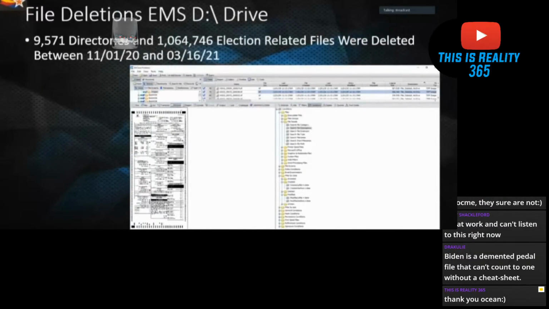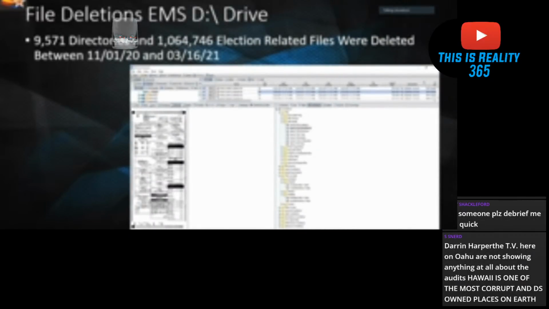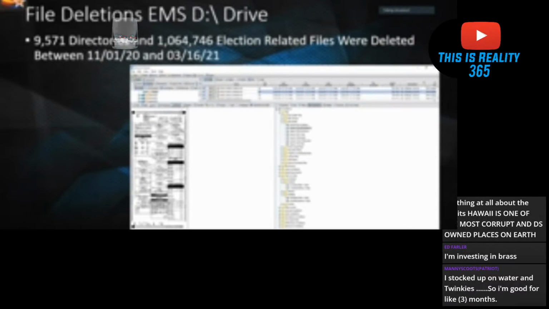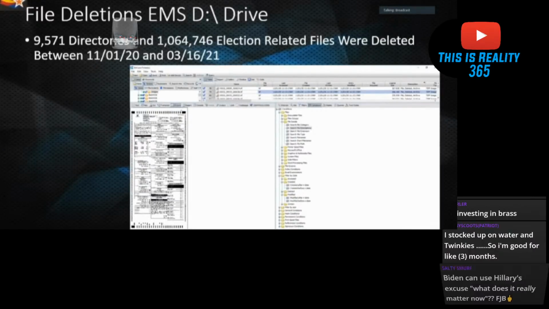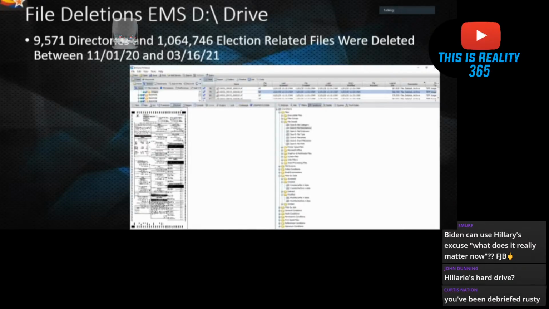One other item there is that there are .dvd files, and those are actually the results of the election totals off of each tabulating device, and those were part of the deleted files that were removed from the EMS. The EMS actually had 6 hard drives configured into 2 logical drives.